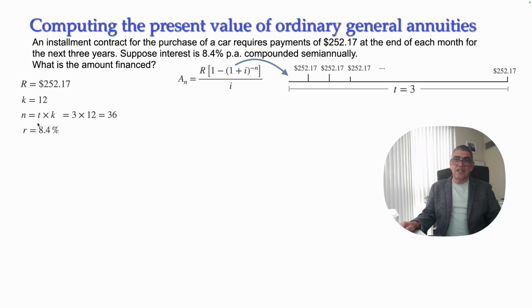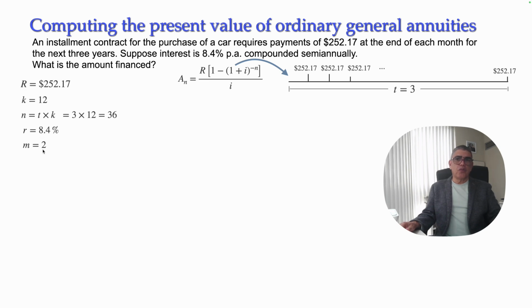This interest is computed 2 times per year, so m equals 2. So k and m, the number of payments per year and the number of conversion periods per year, are different. So this is a general annuity, and it's ordinary because the payments are at the end of every period. You can read here, at the end of each month. So m equals 2, k equals 12. These two numbers are different, so this is a general annuity.